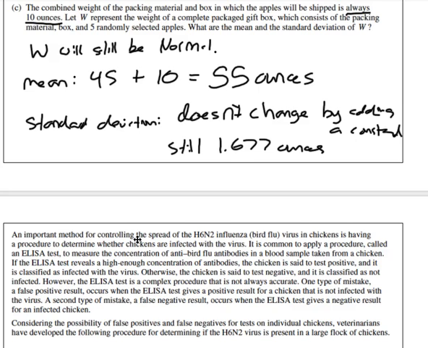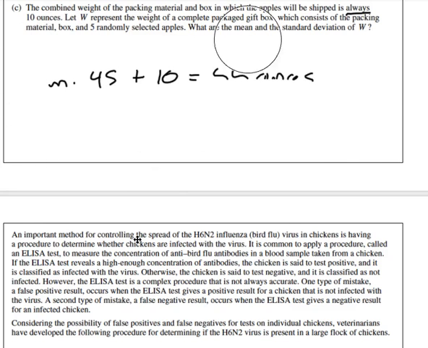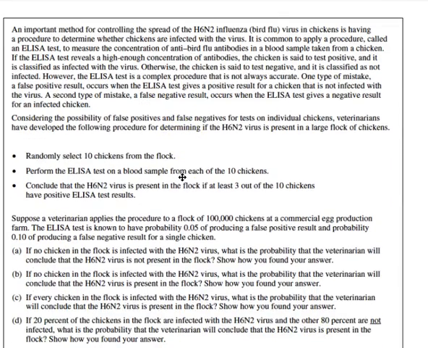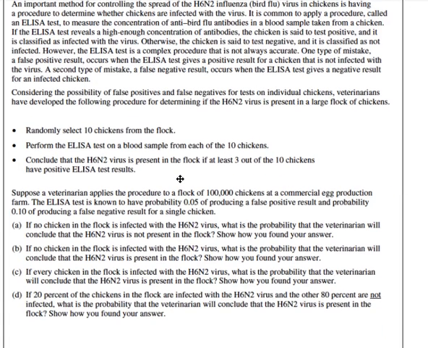All right. So our next one is a little bit of a beast. So let's dive right in. An important method for controlling the spread of H6N2 influenza, bird flu, virus in chickens is having a procedure to determine whether chickens are infected with the virus.